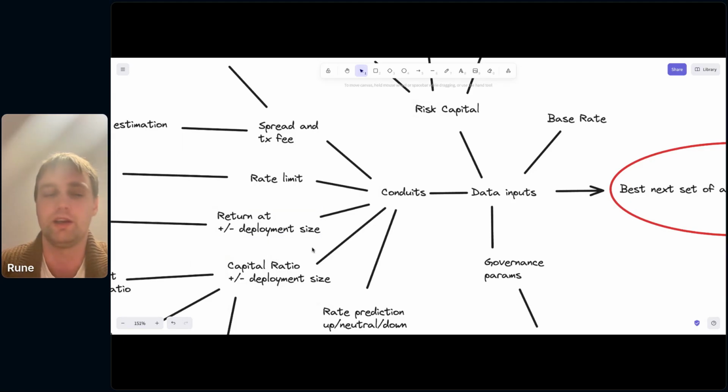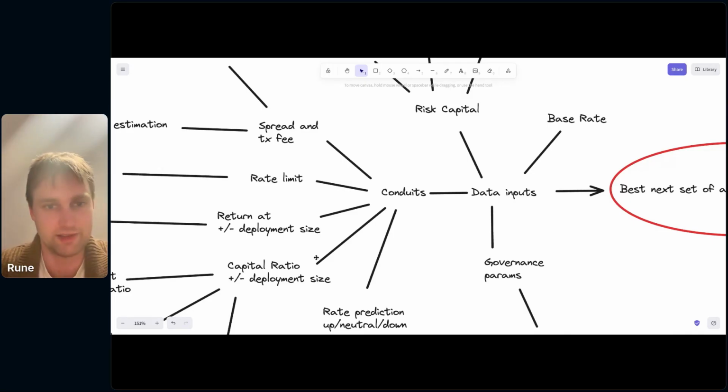This is overly simplistic, but if you get more than double the spread from deploying into USDE, but you get half the leverage, then in a simplified example you're better off deploying into USDE.